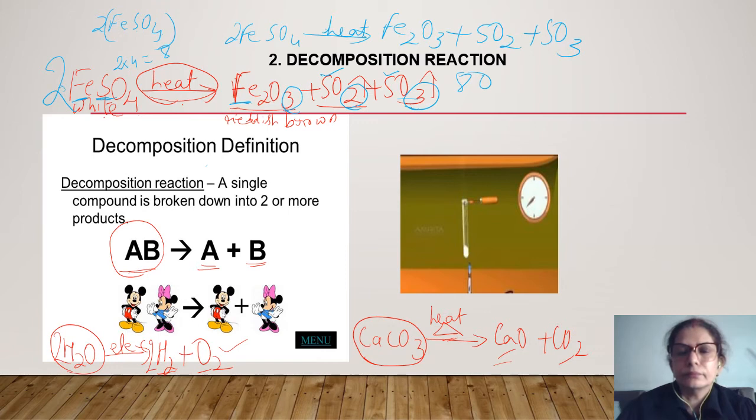On further heating, anhydrous ferrous sulfate decomposes to form dark brown-colored ferric oxide, Fe2O3, sulfur dioxide, SO2, and sulfur trioxide, SO3 gases. The gas emitted has the odor of burning sulfur. In this reaction, a single reactant FeSO4 decomposes to form 3 different products, Fe2O3, SO2 and SO3. So the reaction is a decomposition reaction.